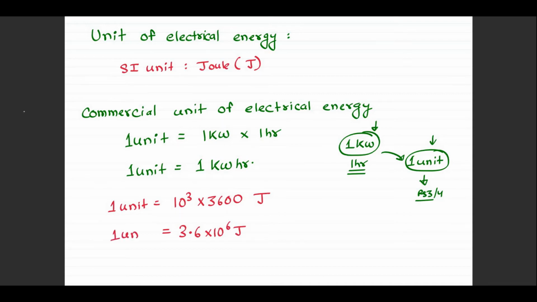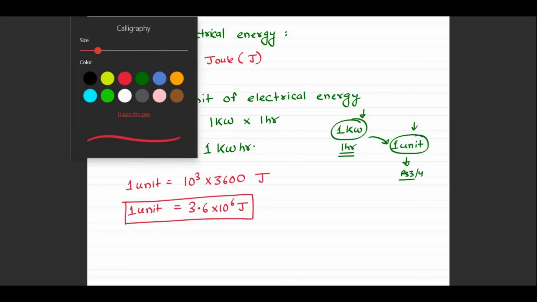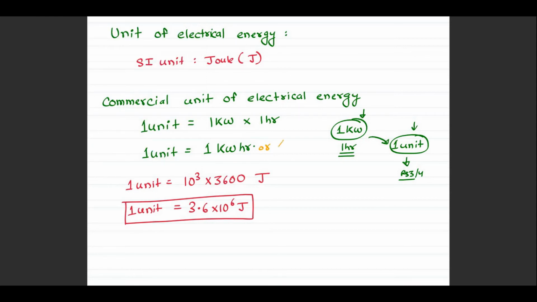This is 1 commercial unit. See, such a large number. If I wanted to use joules, it would have been such a large number, right? This is also written as 1 kWh, 1 kilowatt hour.